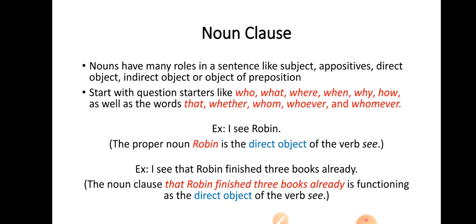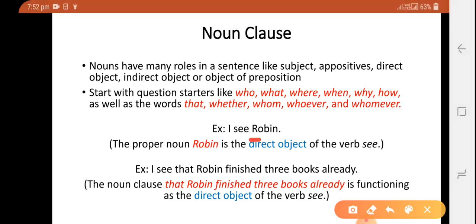Because we get the meaning of the question, what do I see? For this question, we get the answer as Robin. So Robin is the object of the sentence. The noun Robin is the direct object of the verb see.